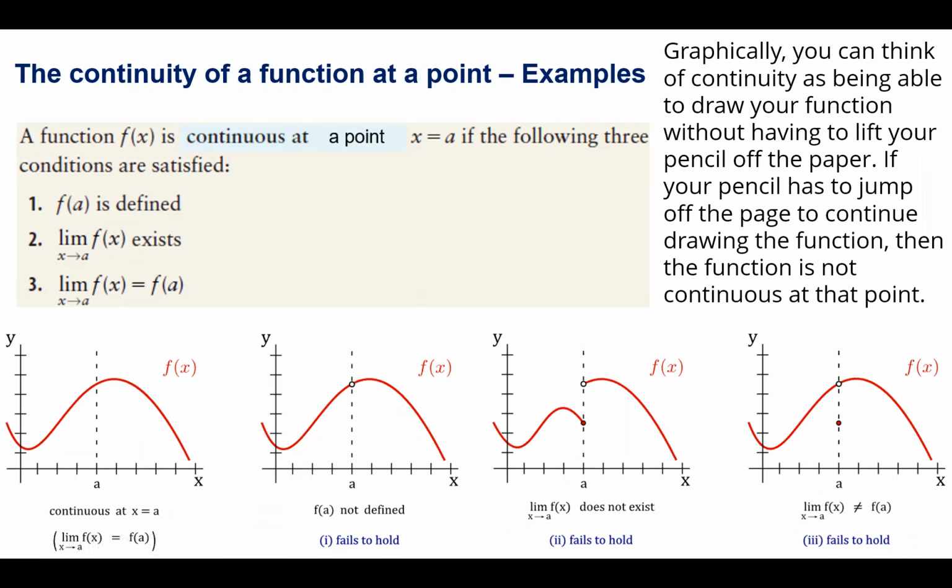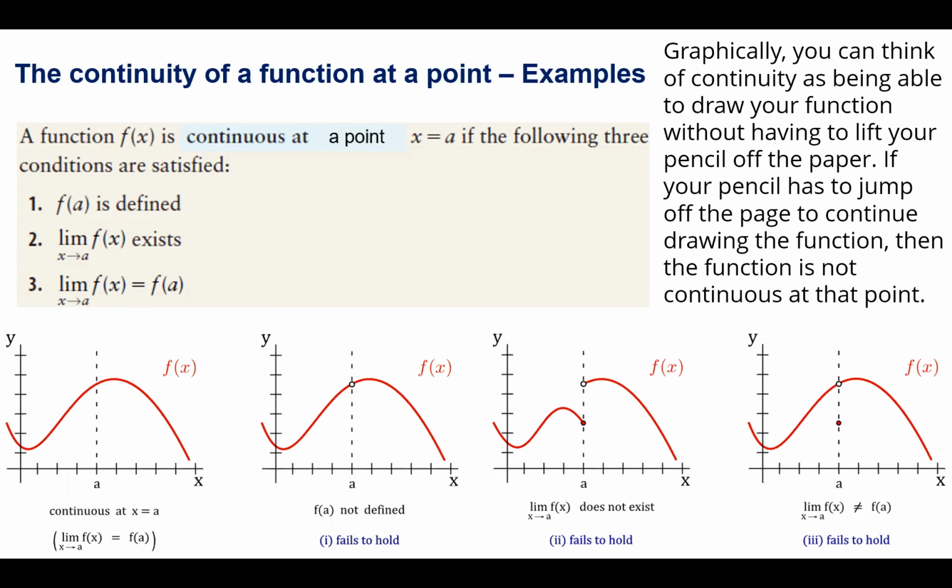The answer is no, because the left limit and right limit at this point are not equal, right? If they are not equal, the limit of this function at this point does not exist. Therefore, the second condition cannot be true. Therefore, f(x) is not continuous at this point, right?